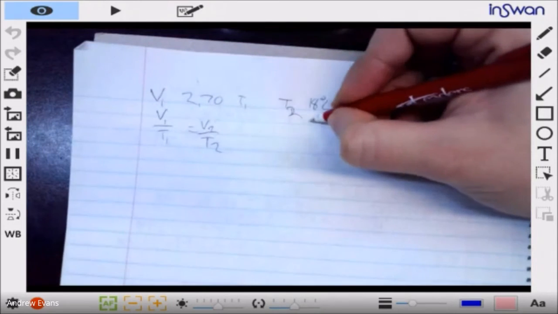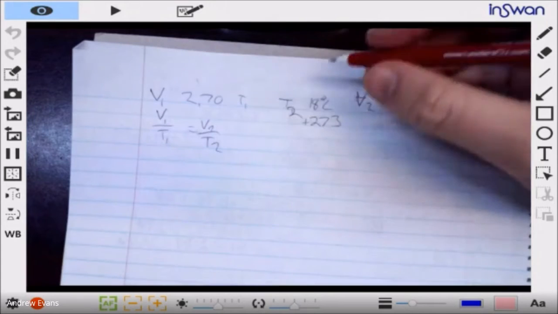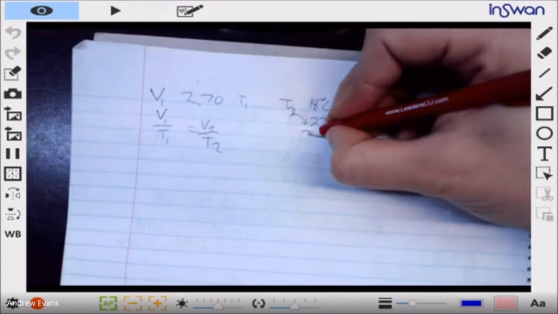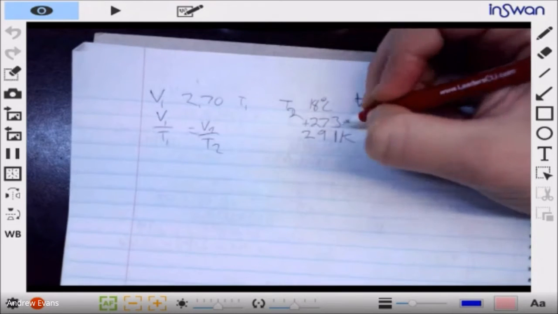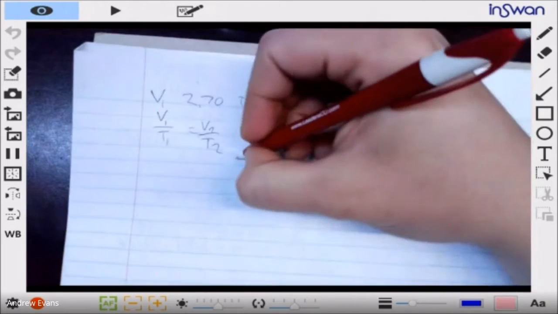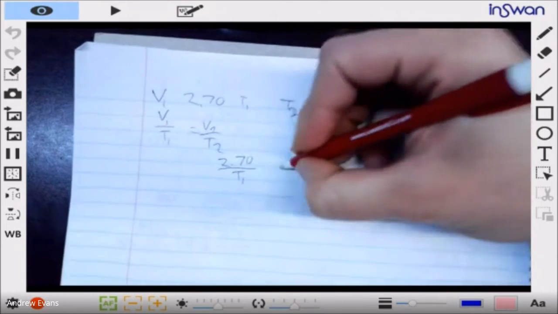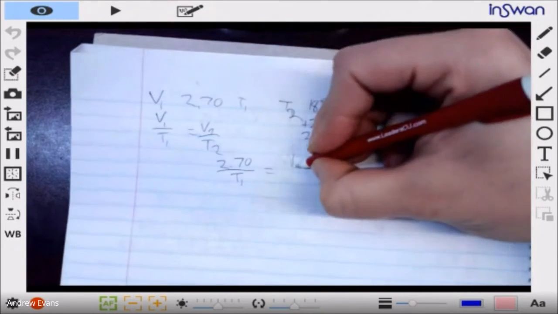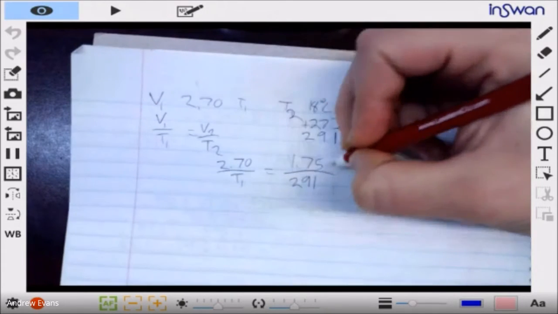The first step we've got to do is add 273 to our Celsius to get 291 Kelvin. So plugging this in, we have 2.70 over T1 equals 1.75 over 291.